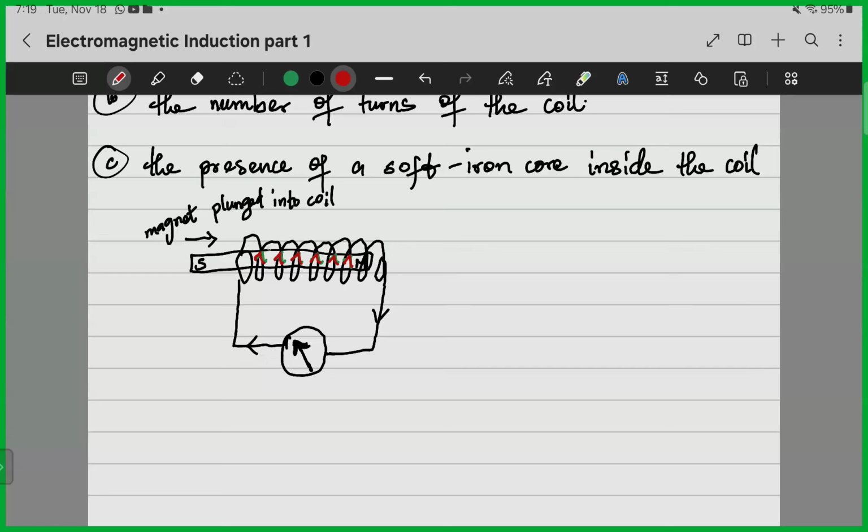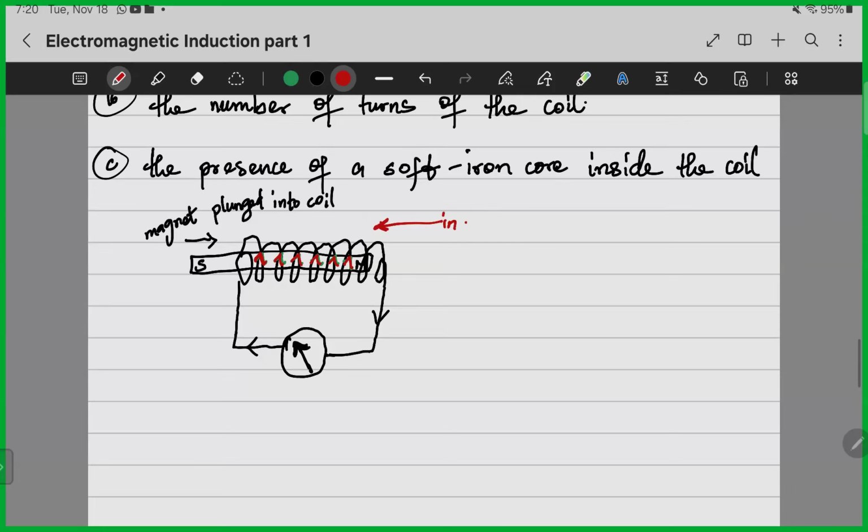The induced field inside the coil is now moving in this direction. You can see that current in the wire is moving.